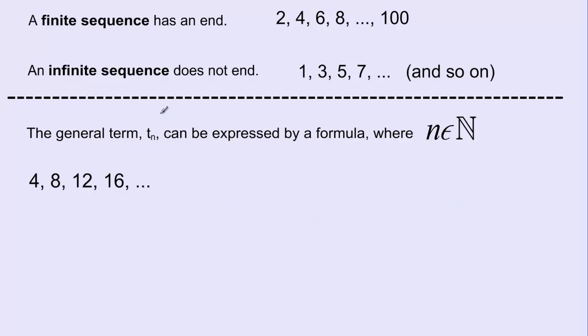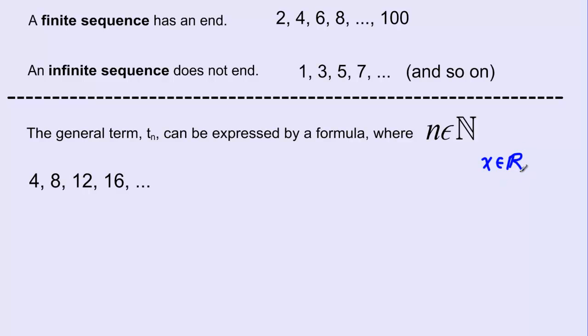So like I was saying, this general term Tn can be expressed usually by a formula. And we note here that the n value in this formula that we're going to create, we say that n is always a member of the natural numbers. So this script looking n, when we were talking about domain and range, we always said x ∈ R, where all the x values are members of the real number system.